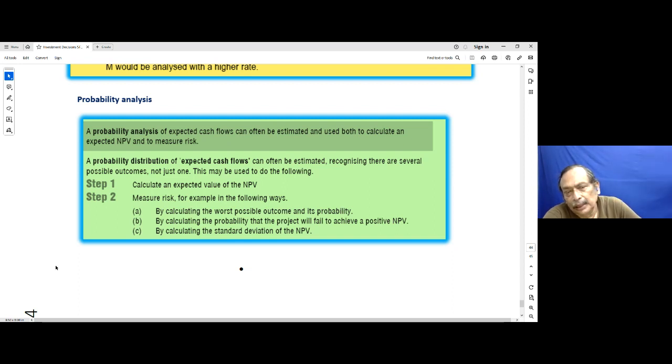Step 1. Calculate an expected value of the NPV. Step 2. Measure risk, for example, in the following ways: by calculating the worst possible outcome and its probability; by calculating the probability that the project will fail to achieve a positive NPV; and finally, by calculating the standard deviation of the NPV.